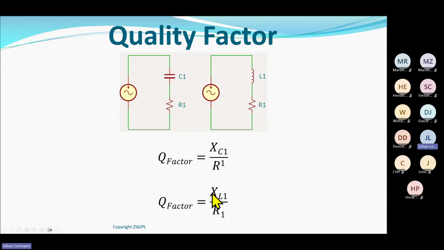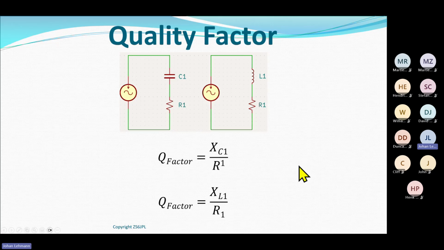And the same is applicable for inductors. And this is where the people that design radios look, and that's why there's so many different capacitors in the world, because every capacitor type has got its own unique characteristics.